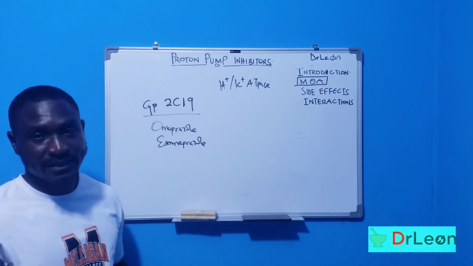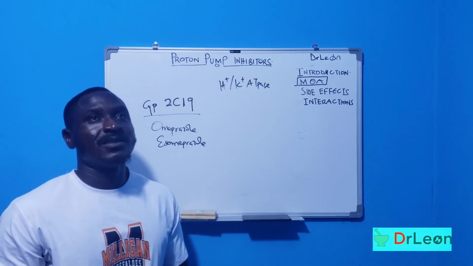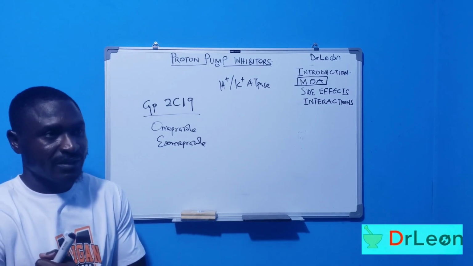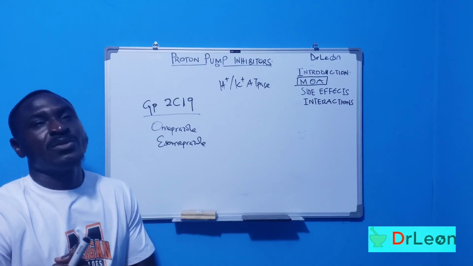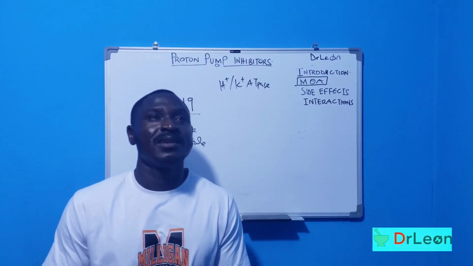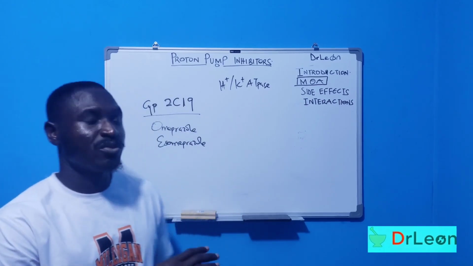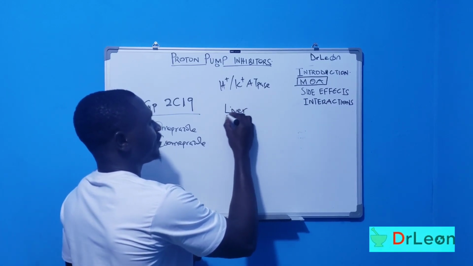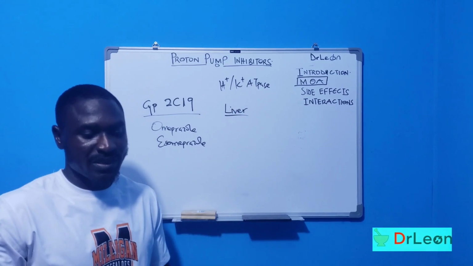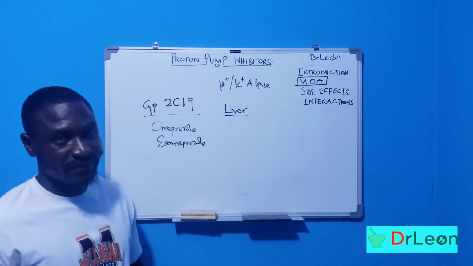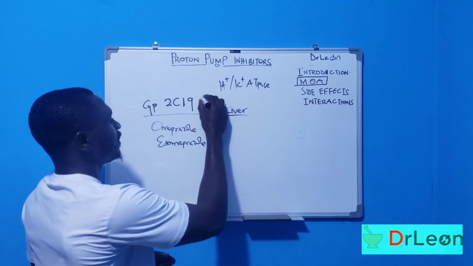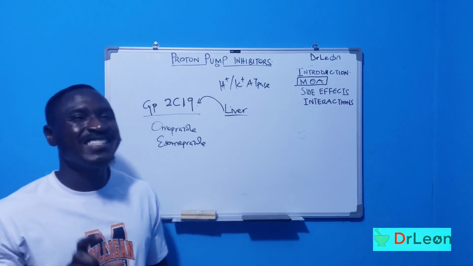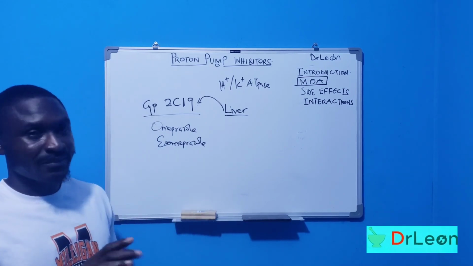The liver is the major organ for the elimination of proton pump inhibitors. So normally when we talk about drug elimination, we are thinking about the liver and the kidney, but for proton pump inhibitors, the main organ to eliminate the drug, to metabolize the drug, is the liver. And the liver makes use of this particular enzyme known as the cytochrome 2C19 enzyme.